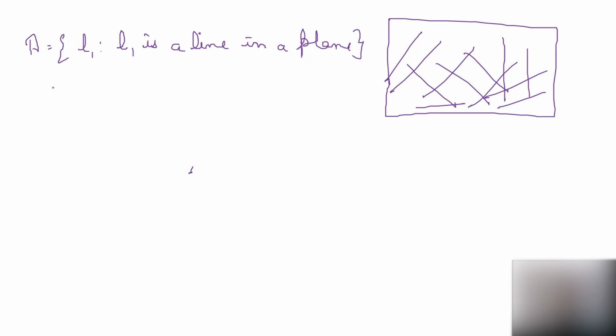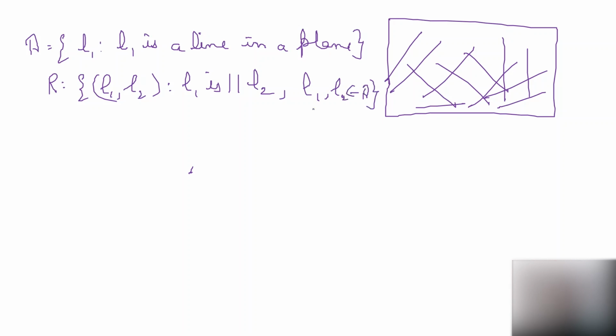We have to check the relation R, which is (L1, L2), such that L1 is parallel to L2 and L1, L2 belong to A. L1 and L2 are lines such that L1 is parallel to L2.